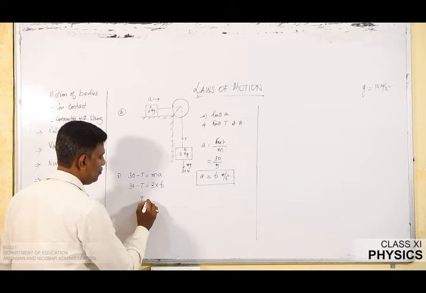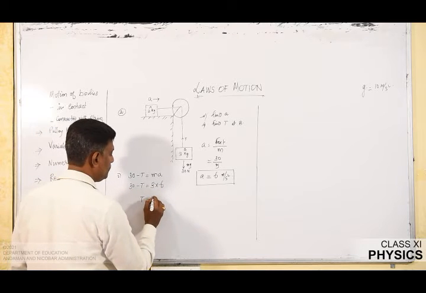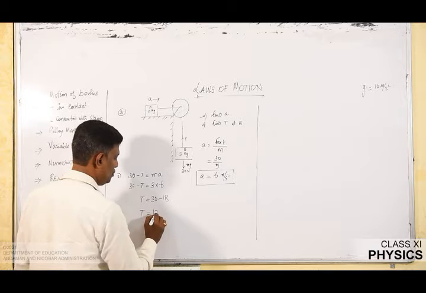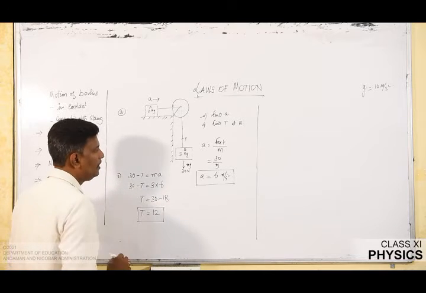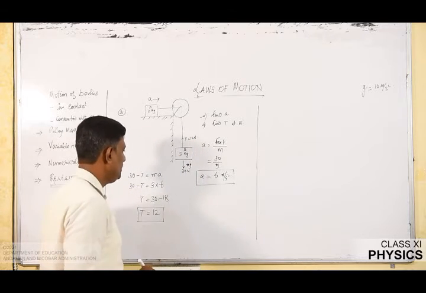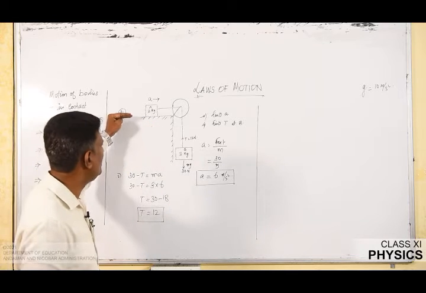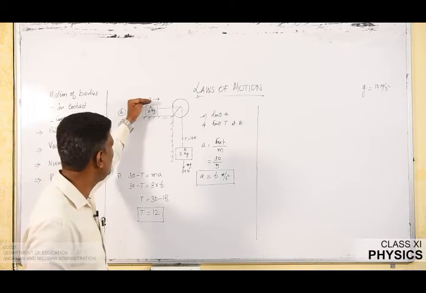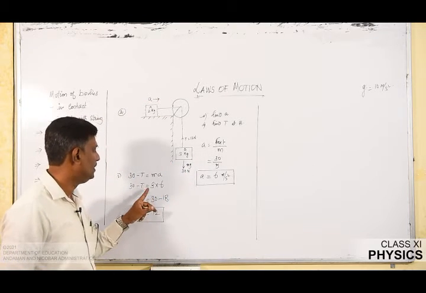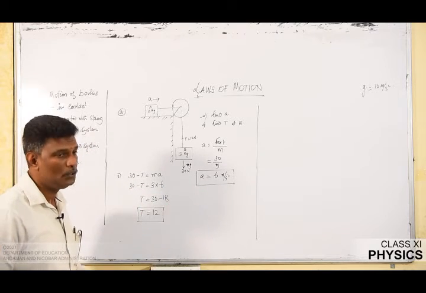So T is equal to 30 minus 3 sixes are 18, that is T is equal to 12 Newton. In this case, we have not calculated the mass of this 2 kg. Why? Because it is parallel and it is in this direction. The mass which is affecting is 3 kg, that is why we have taken 3 into 6, that is 30 minus 18, T is equal to 12 Newton.